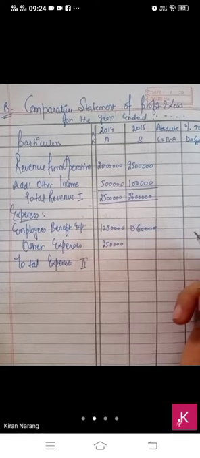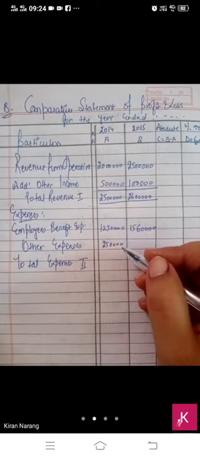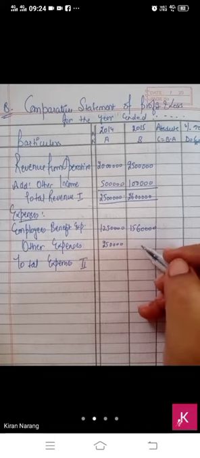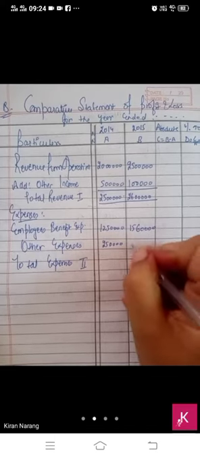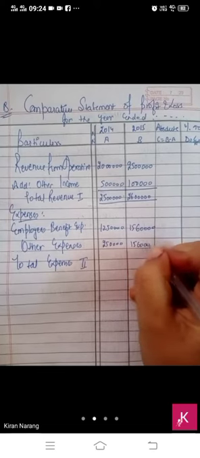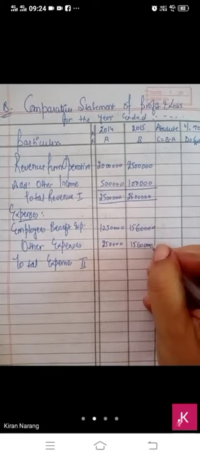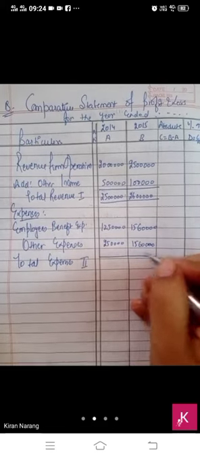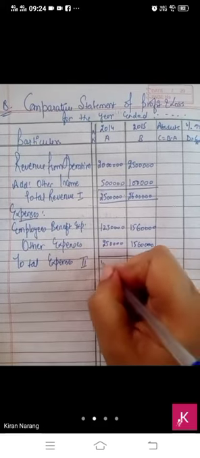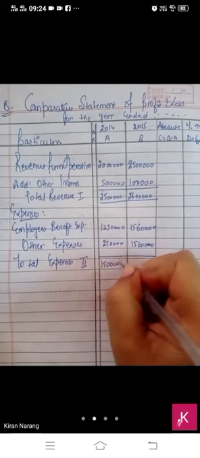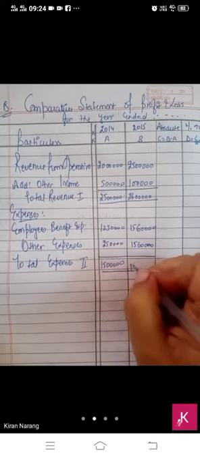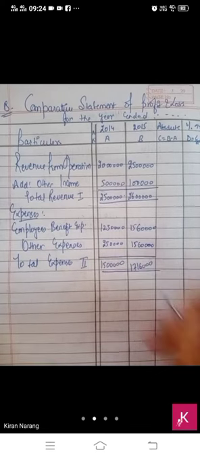Now this year, 10% of employee benefit expenses you have to calculate. 10% of this 15 lakh 60,000. Total them up now, it will be 15 lakh and 17 lakh 16,000.